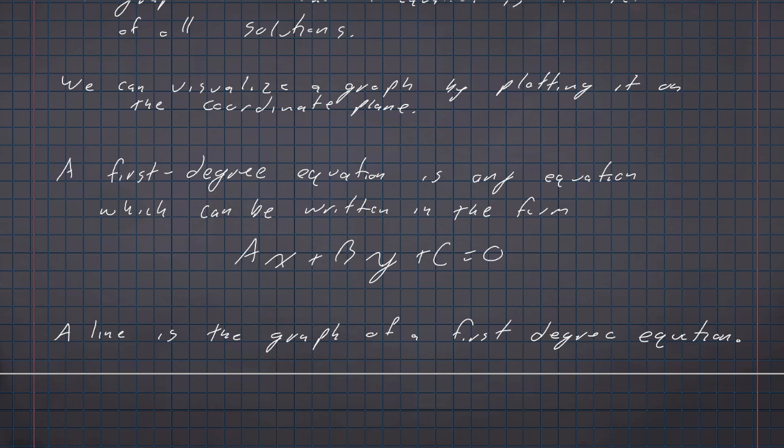But we end here by defining that a line is the graph of a first-degree equation. For our purposes in this course, that is the definition of a line.